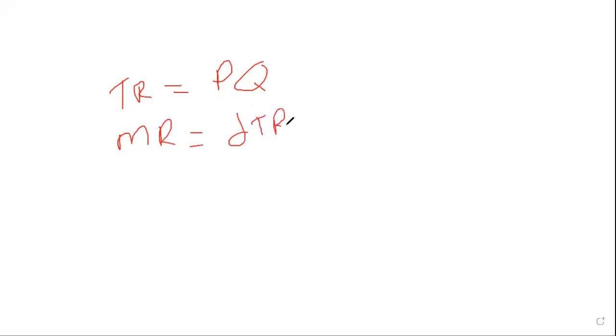So TR we know is equal to price times quantity. And we know that MR is equal to dTR over dQ.